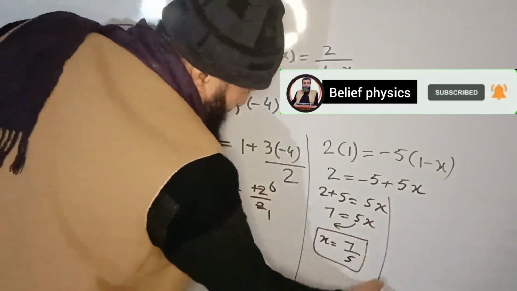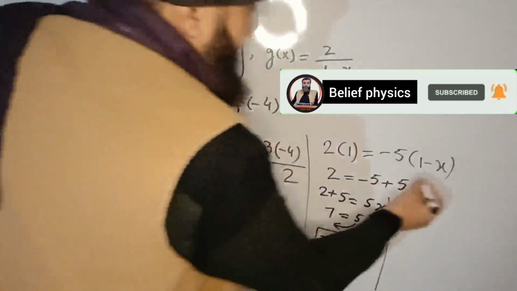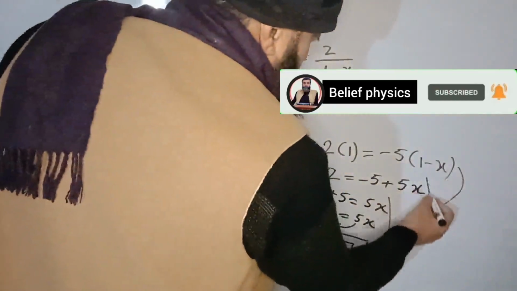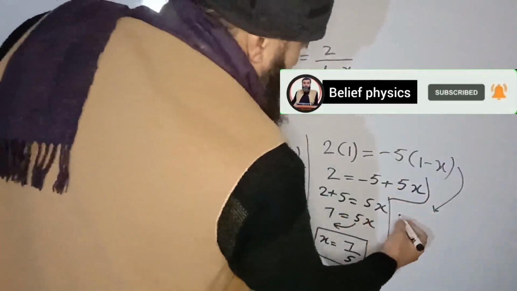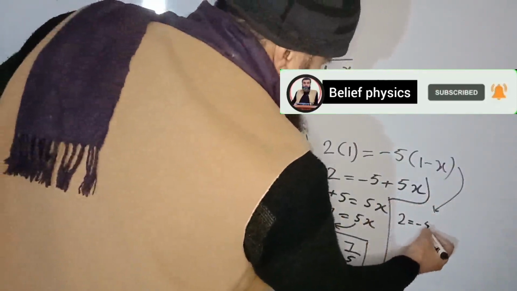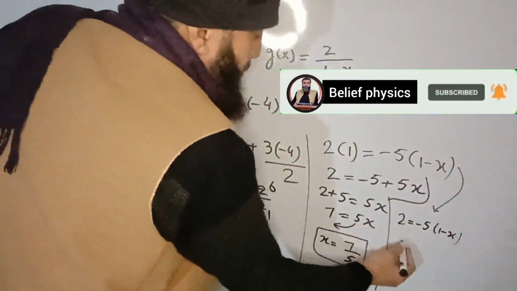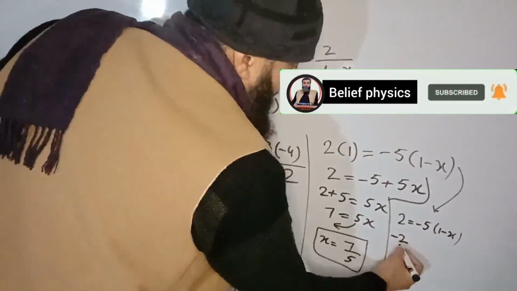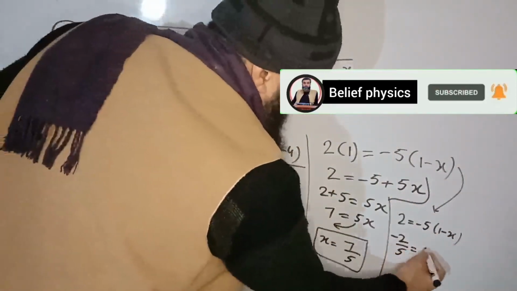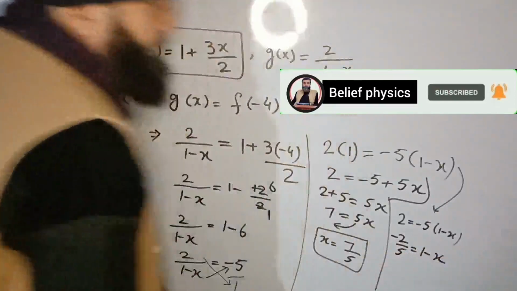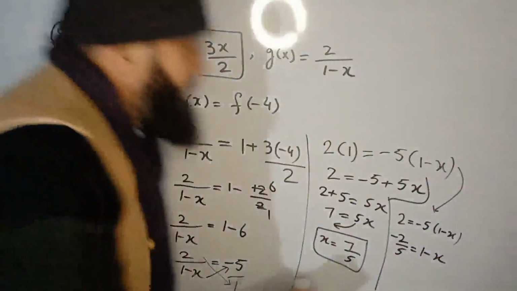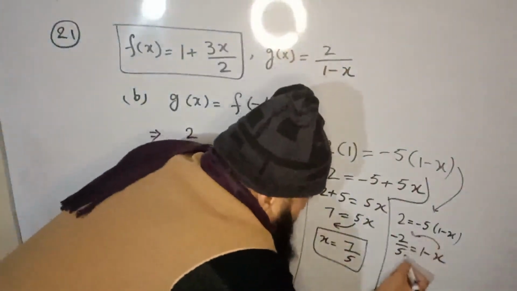Or you can do it like that from here. 2 is equal to minus 5 into 1 minus x. This was the question. Take 5 here. So it will become minus 2 over 5 is equal to 1 minus x. Shift x to this side and 2 over 5 here.